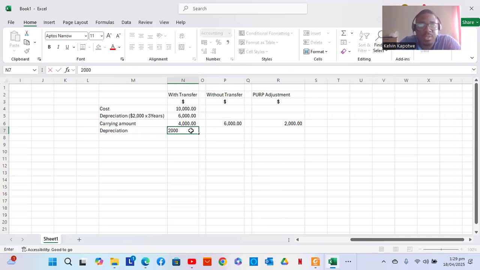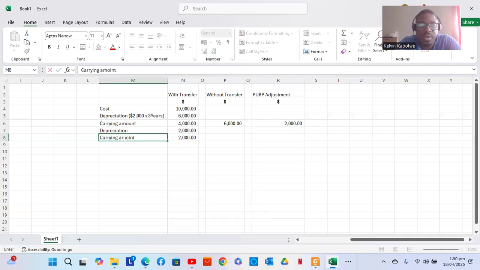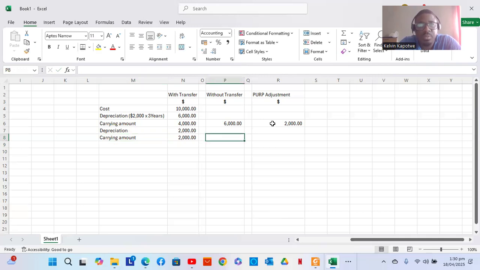So had the transaction not gone through, we would have charged depreciation. So meaning my carrying amount, if the transaction had not gone through, would be 2,000. So the question is, are we going to have the same depreciation charge here?